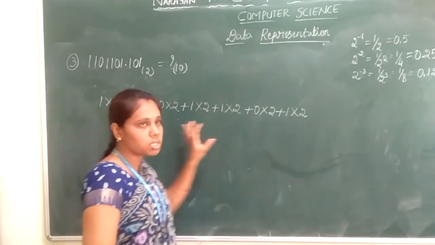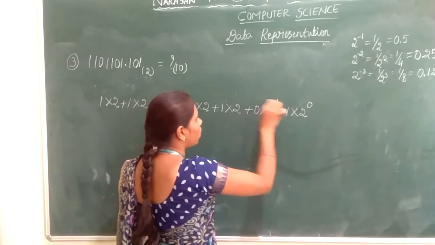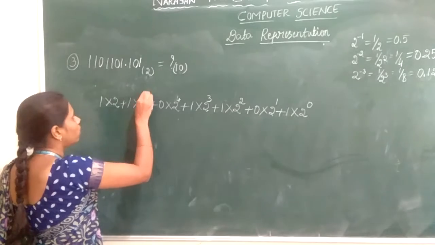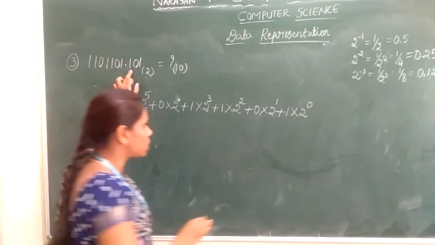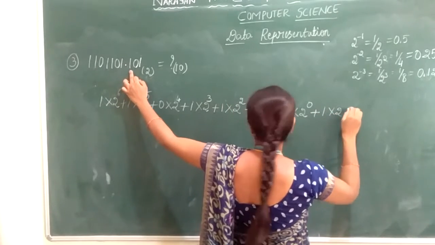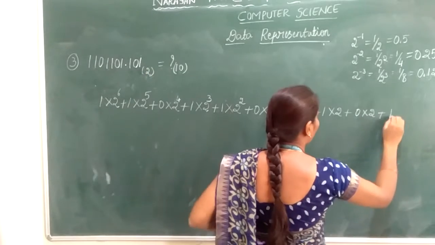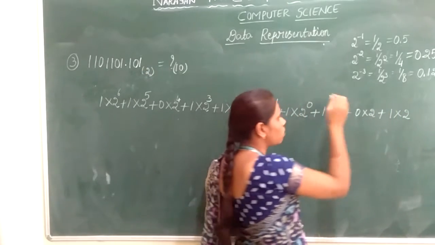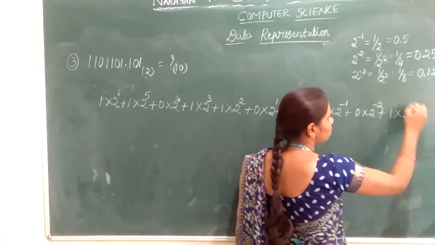Now I write the positional values for the integer part, from 0, 1, 2, 3, 4, 5, 6. Now I'll multiply the fractional part, that is 1 into 2 plus 0 into 2 plus 1 into 2. The positional values start from minus 1, minus 2, minus 3.